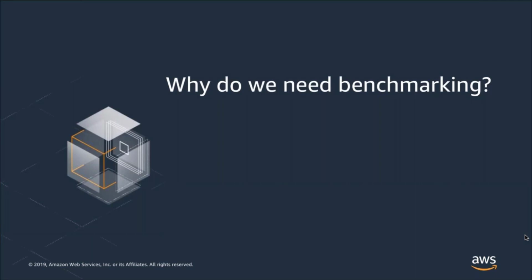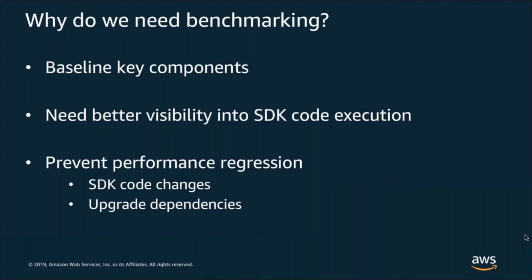Java SDK is a library used by a lot of customers to interact with AWS services. As performance is critical to most customers, we always prioritize tasks to improve the SDK performance. So let's talk about why we need benchmarking to achieve that. First of all, benchmarks allow us to baseline key components in the SDK to understand how our current code performs.